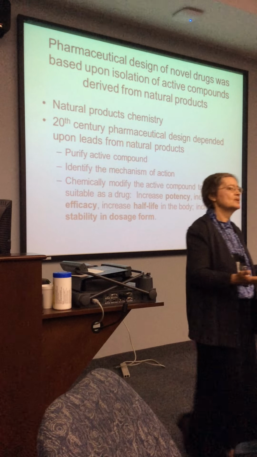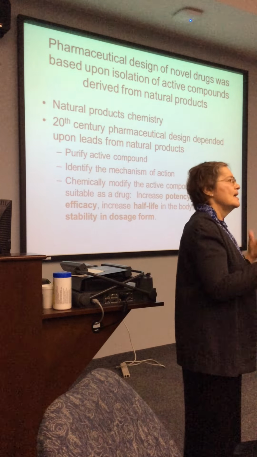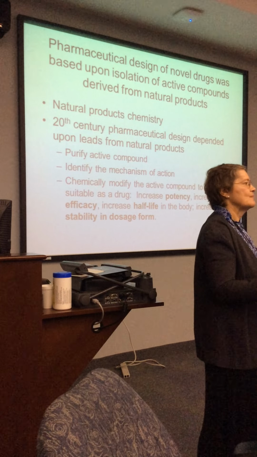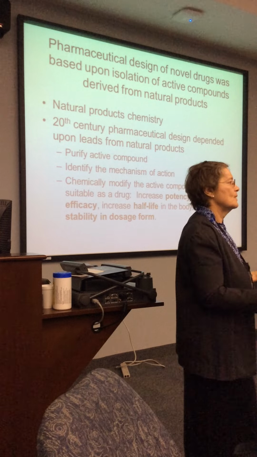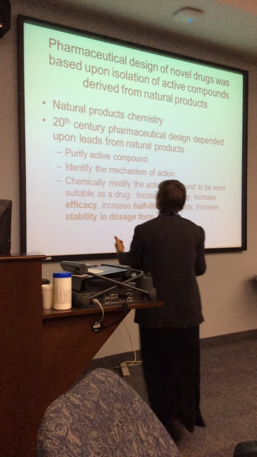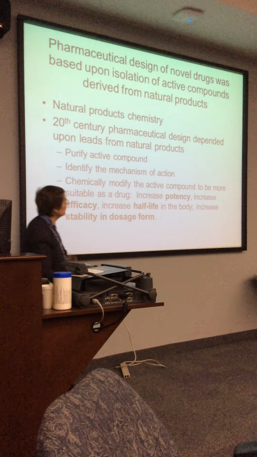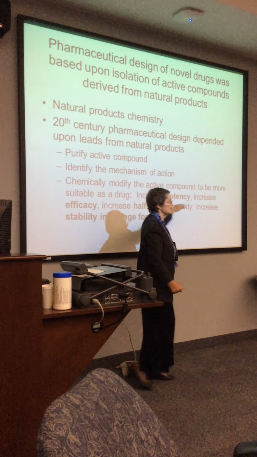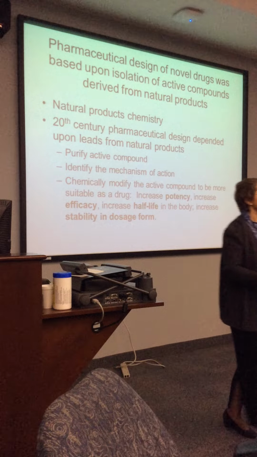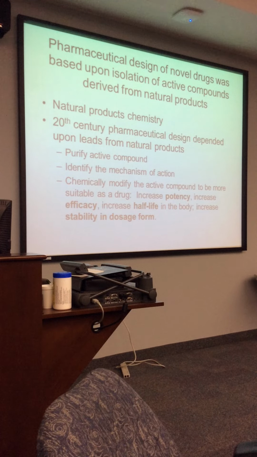And so that's why we're giving you the pharmacology knowledge of pharmacodynamics, how the drugs work at receptors, how they change the way cells work. And then chemically modifying these so that they can increase what's called the potency. Now the potency means how much drug you need in the body in order to be effective. So if you had something from a plant, you knew what it was.